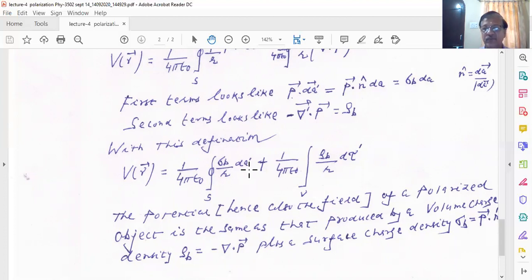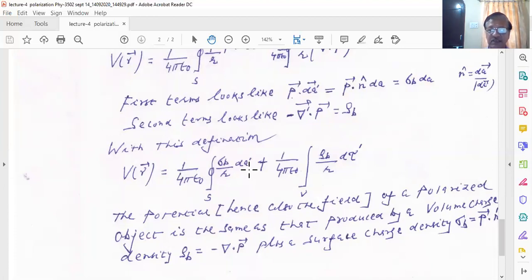So today we have developed an expression for the potential, that is the field, because of the polarized object, and it is the same as that produced by volume charge density rho b, that is minus divergence of vector P, plus a surface charge density sigma b.